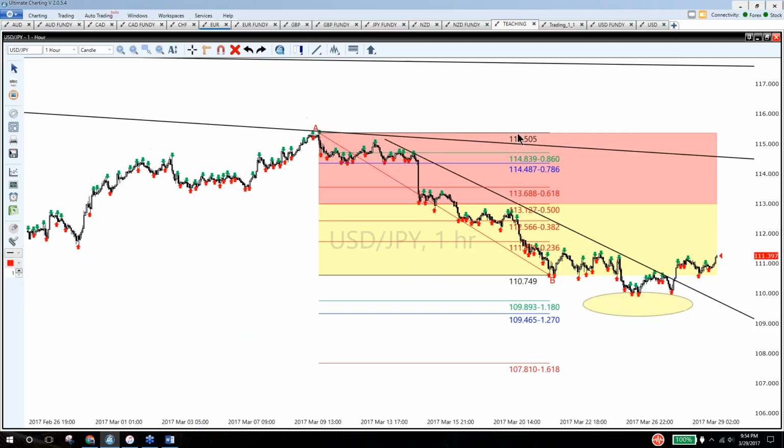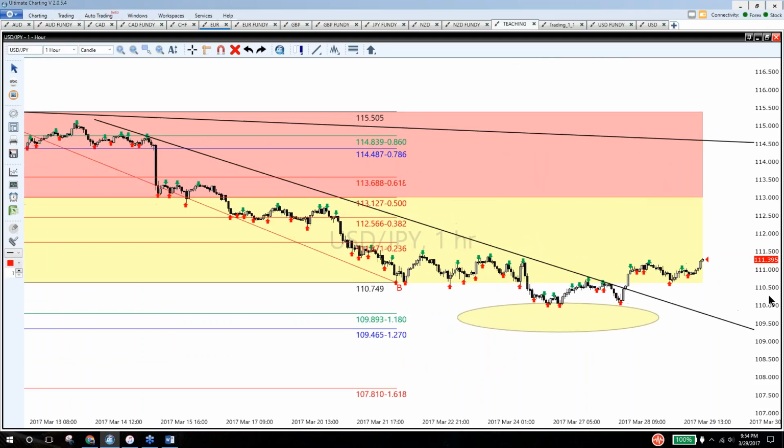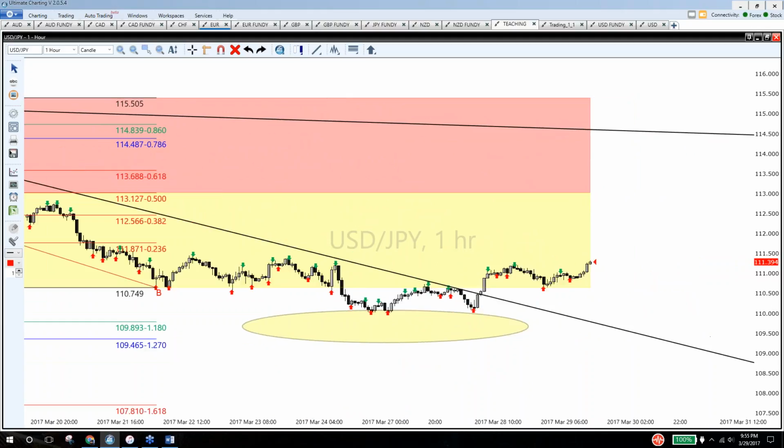Okay, so same price point, 115.51 roughly, 110.75 for B. As far as the sub ABCDs that we talked about, if I wanted to plot sub ABCDs here for the US dollar, Japanese yen, expecting the market to go in the direction of the bulls, it's broken the inner trend line, the US dollar index is postured for a rally, I'd have to start from the lowest low here.